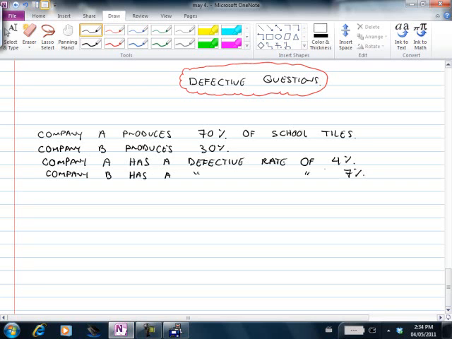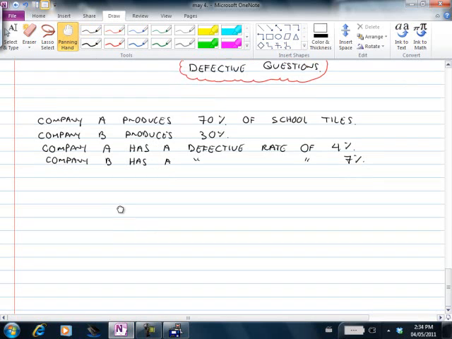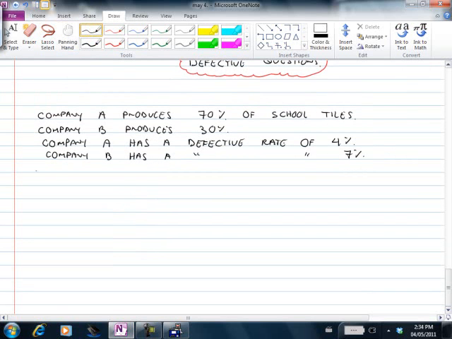Your question is this. What's the probability that a broken tile, so I'm going to pick up any random broken tile from a huge pile, came from company A?